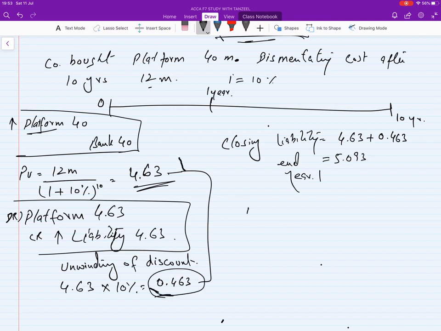You can say interest expense debit 0.463 and credit liability 0.463. At the end of this year the closing liability is this.